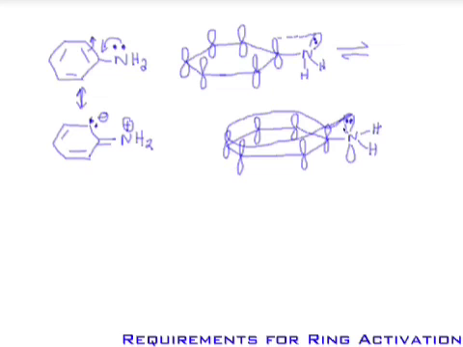So we can see it by interaction, side-to-side overlap of the two p orbitals, and we can see it on the ring. So nitrogen withdraws electrons by electronegativity, but it pushes in electrons by resonance, and the resonance effect is the stronger effect. That makes any group that has a lone pair, like aniline, a ring activator, because it moves electrons in by resonance.